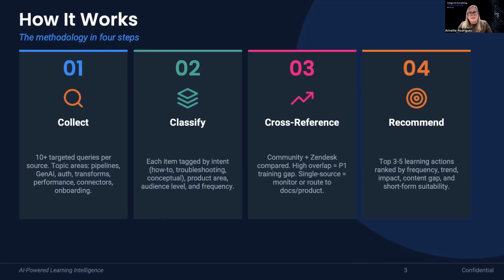When community discussions and Zendesk support tickets point to the same issues, we know we're looking at recurring challenges experienced by multiple users. And finally, John Paul recommends learning opportunities ranked by impact, frequency, and potential value. So instead of guessing what training to build next, we now have data helping guide those decisions.